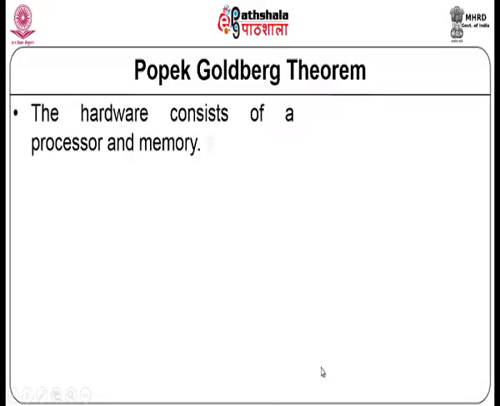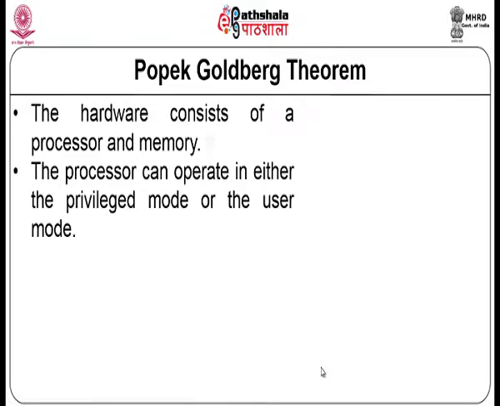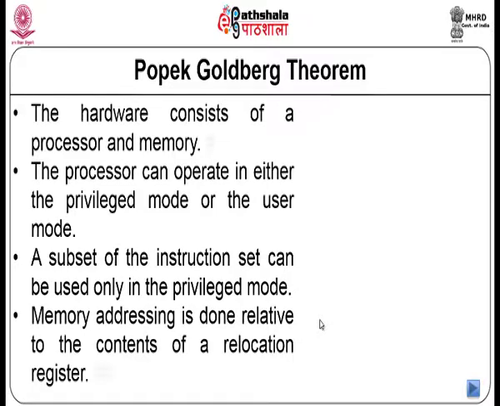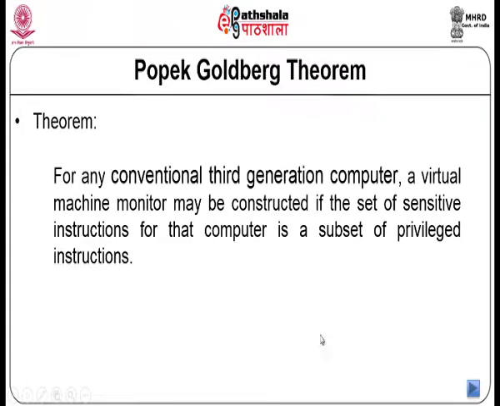So, the hardware consists of the processor and memory, and the processor can operate in two modes, and a subset of the instructions are privileged mode instructions, and machine addressing is done with relocation. So, memory is uniformly addressable, and can be addressed with a specific relocation register. With these constraints, this is what Popek and Goldberg have proposed.